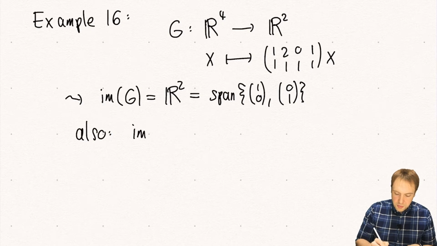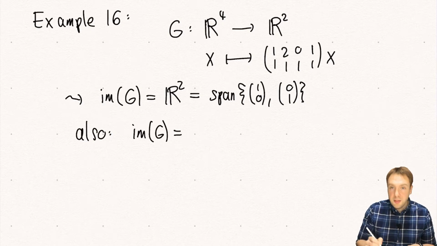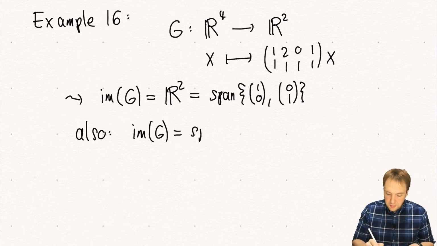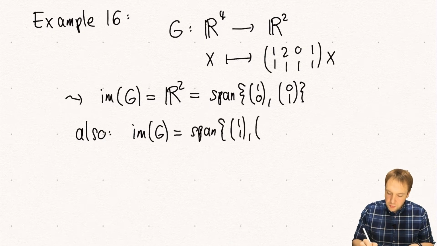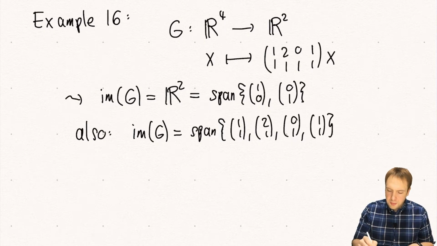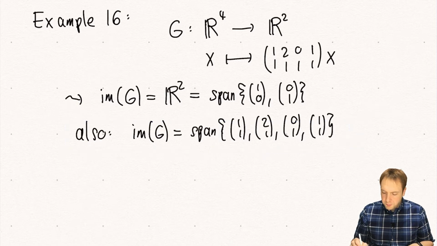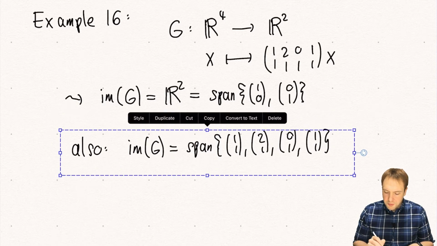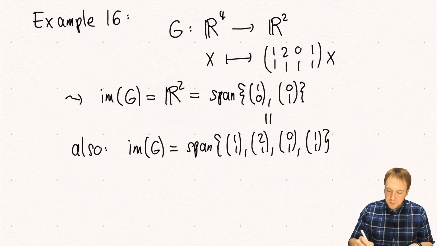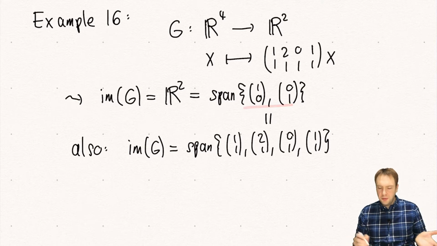So without doing any calculation, we can write the image of G as the span of the vectors (1,1), (2,1), (0,1) and (1,1). Because both of them are the image of G, they are of course the same. So the span of these two vectors equals the span of these 4 vectors.